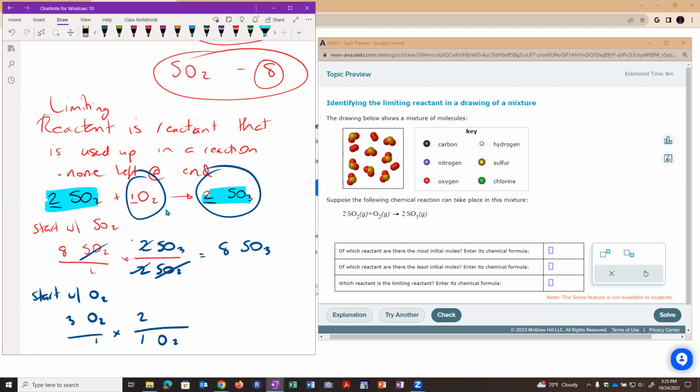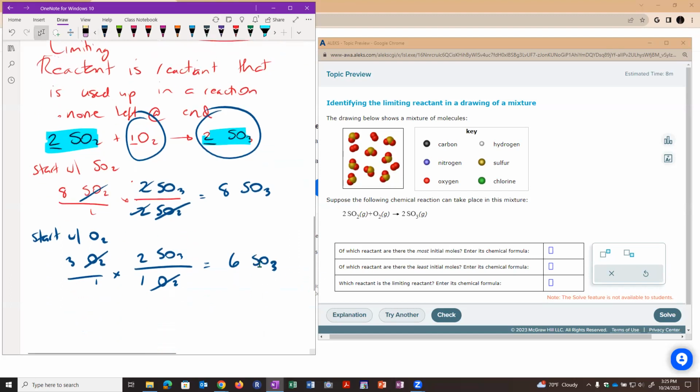I'm just going to put 2 SO3 for right now. So the O2 goes away, and I multiply out. 3 times 2 is 6, divided by 1 gives me 6 SO3. So if I use up all of the O2, I'm going to get 6 SO3s. If I use up all of the SO2, I get 8 SO3s.